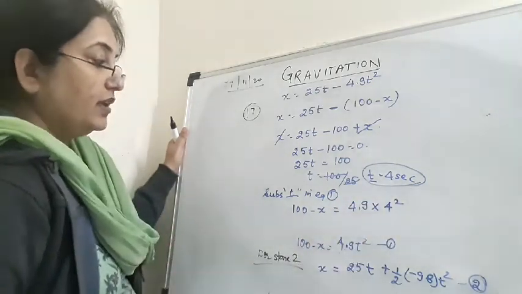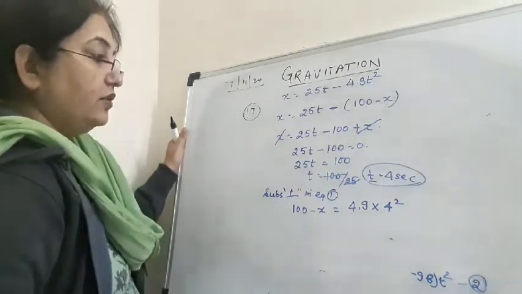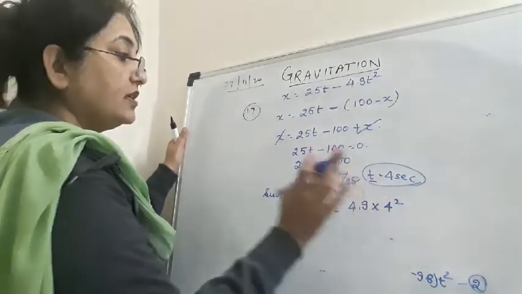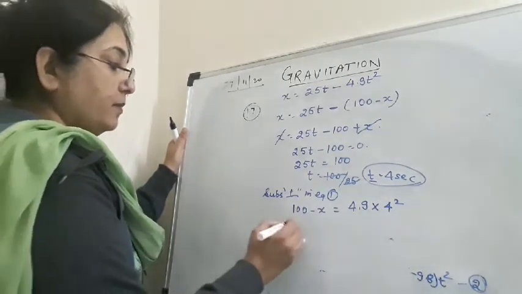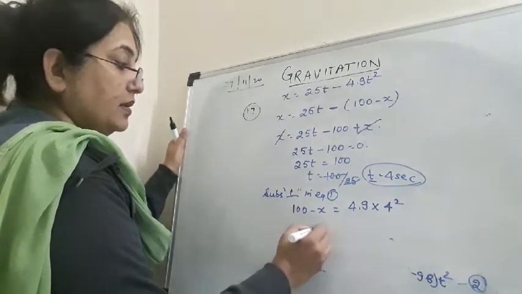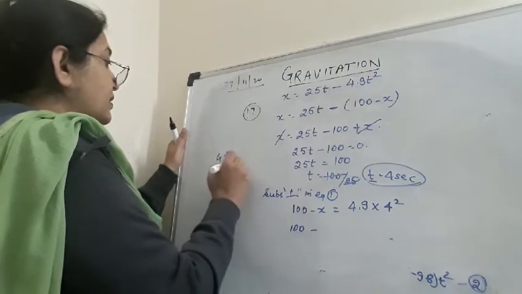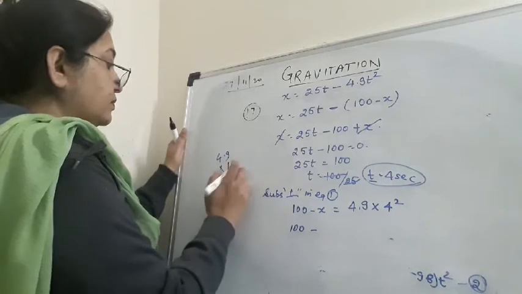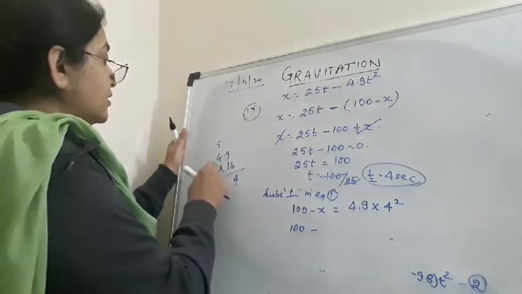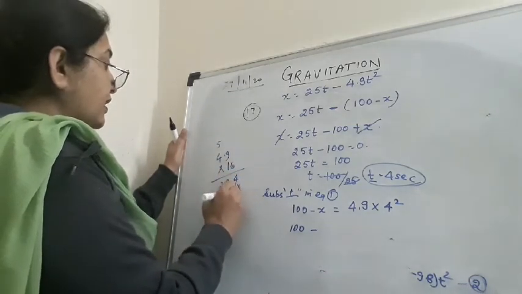So therefore what we'll get here, 4 4s are 16. Okay, so you will get 100 minus 4.9 into 16. 6 9s are 54, and 6 4s are 24. 24 and 5 is 29. 1 9s are 9. 1 4s are 4.